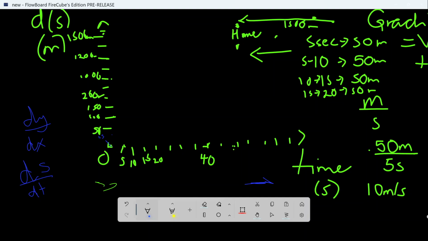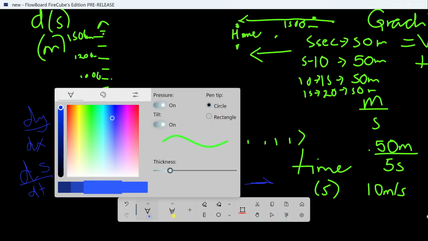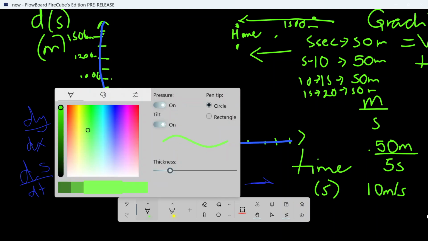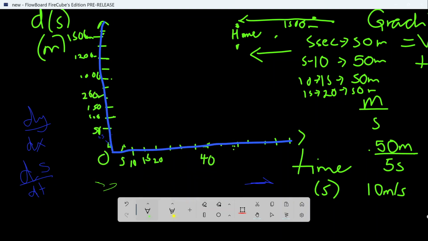Let's just undo that. Just have something that looks like that. There we go. A whole different color, but it should suffice. Let's see if we can draw something where the gradient is reducing.